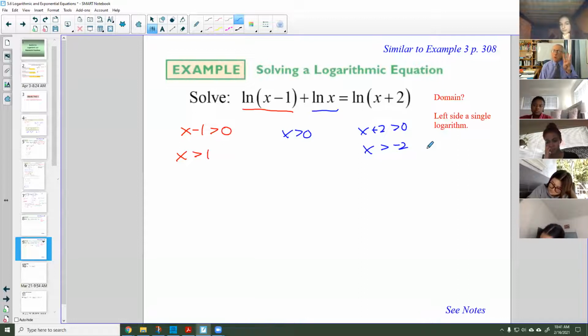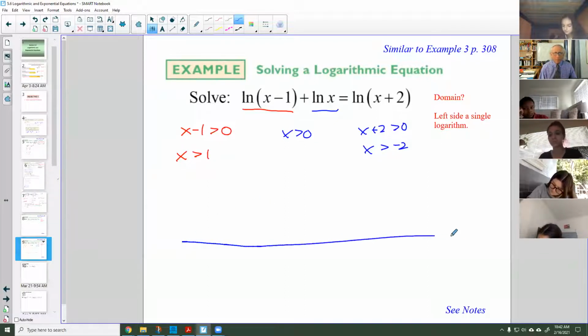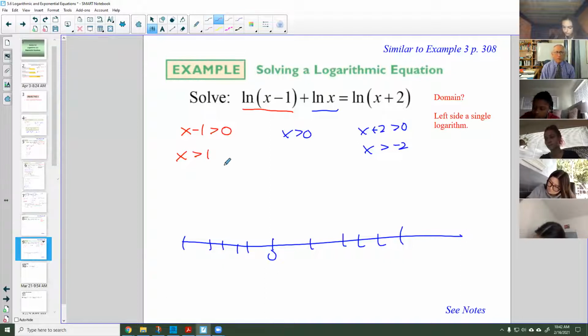So I have 3 domains to satisfy here because I got 3 different logarithms. So I'm going to make a number line. And I'll go 0, 1, 2, 3, 4, 5, and -1, -2, -3, -4, -5. And my first one, the red one, says X has to be greater than 1. So here's 1, and there's my graph of that one.